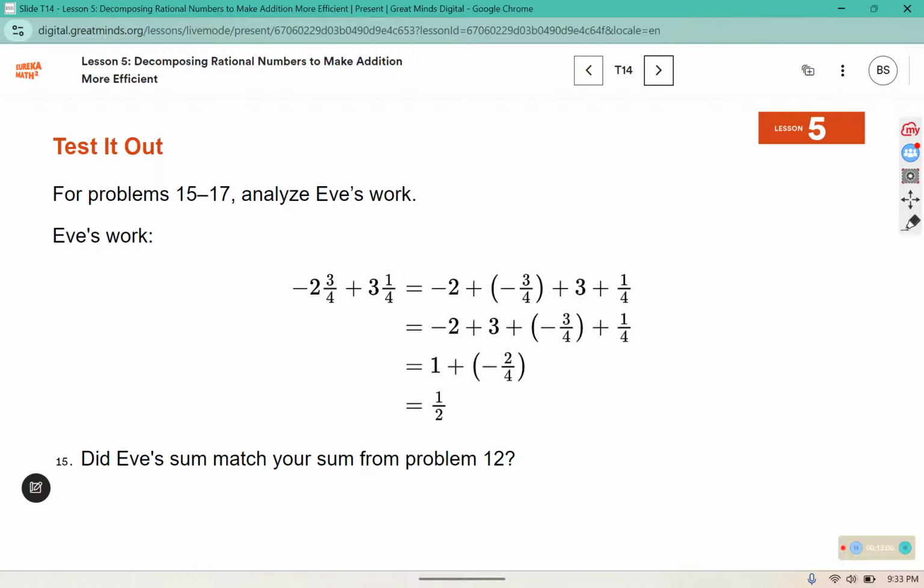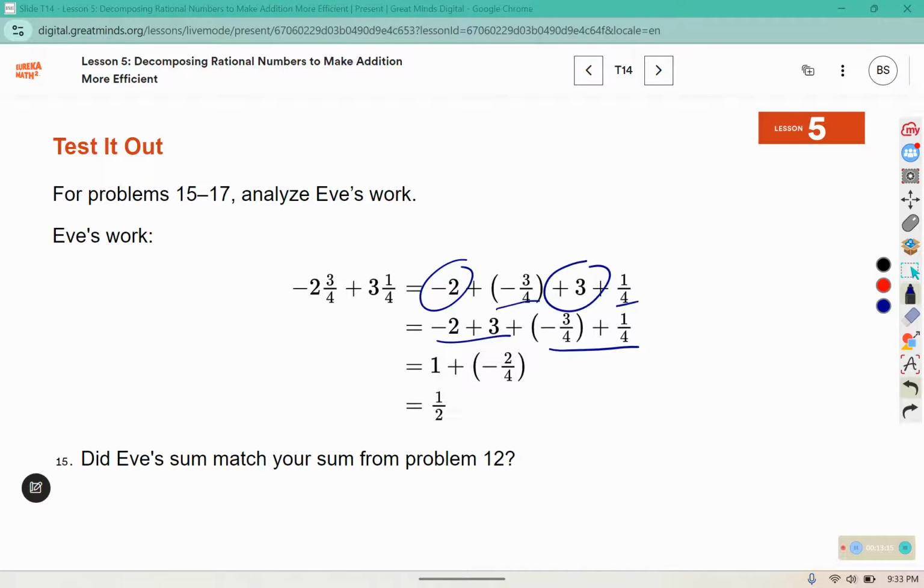Then she combined the negative 2 and the positive 3, and the negative 3/4 and positive 1/4. Negative 2 plus 3, she said, is 1. Negative 3/4 plus 1/4, she said, was negative 2/4. And when we combine those, she got 1/2.